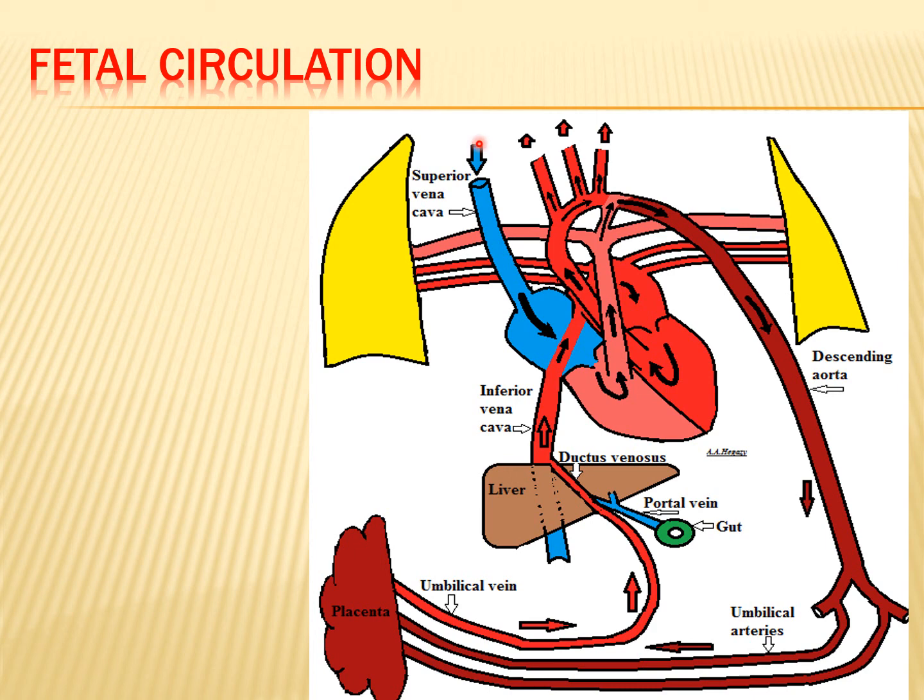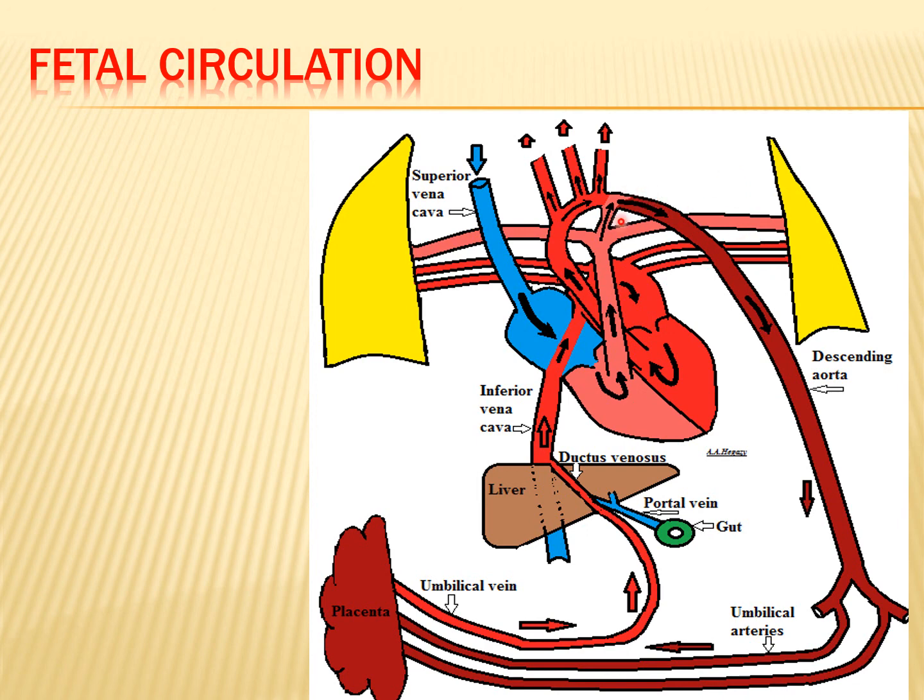So non-oxygenated blood returns to the superior vena cava, to the right atrium, descends downward to the right ventricle, then ascends to the pulmonary trunk. From the pulmonary trunk, as we know, the 2 lungs are non-functioning during the intrauterine fetal life.